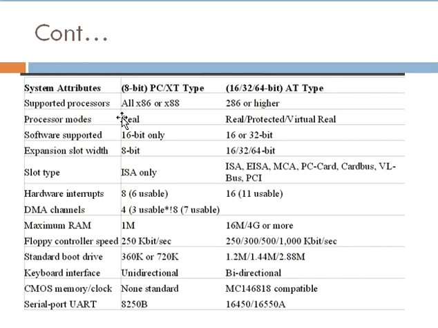Supported processors are the 86 and 88, but for PCAT it is the 286, which is higher. Processor modes are real, protected, and virtual real, and there are many differences we can see. PCXT contains all the lower versions in comparison to PCAT. Everything is higher in comparison to PCXT. This is the main difference of PC XT and PC AT.